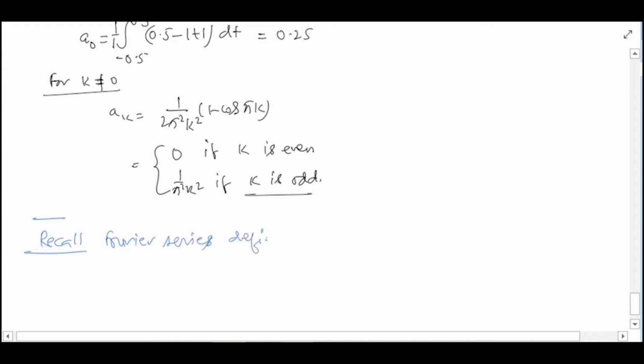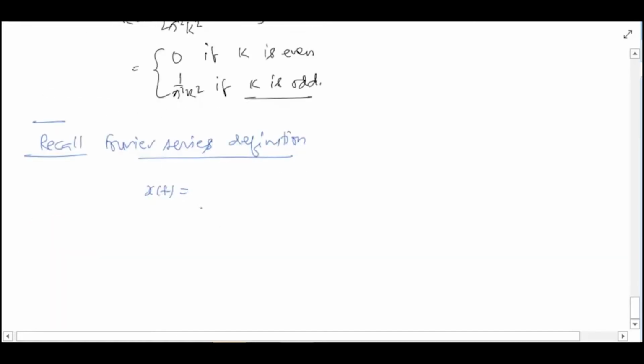We define the Fourier series for a signal x(t) to be the sum over k equals minus infinity to infinity of a_k e raised to j k omega naught t. In writing this, we assume that the series on the right hand side converges. Well, but the question is, does this series converge?